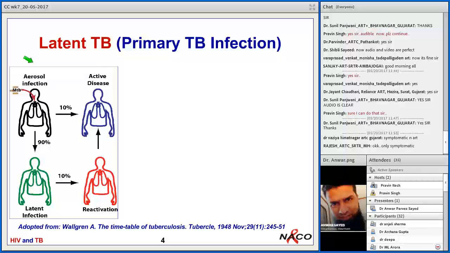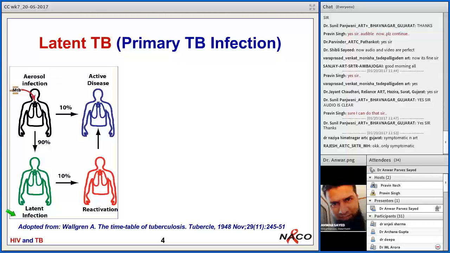in a person who is already ill. So there is a term called latent tuberculosis, which is called primary TB infection. The most common route of TB infection is through aerosol infection, and active disease usually happens in 10% of immunocompetent people, and 90% of the time it remains as a latent infection.